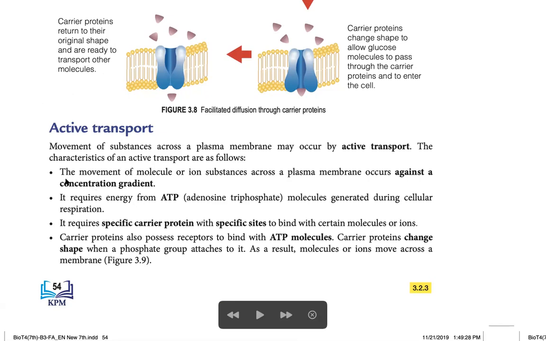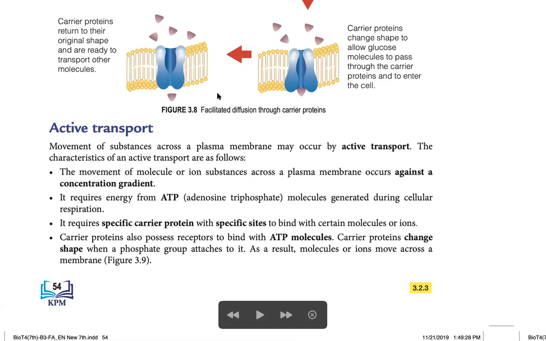Okay, ini karakteristik dia. The movement of molecules or ions across the plasma membrane occurs against the concentration gradient. Okay, macam facilitated diffusion dan juga osmosis, kita tengok dia cakap down concentration gradient kan, tapi yang ni against concentration gradient. Apa maksud dia?